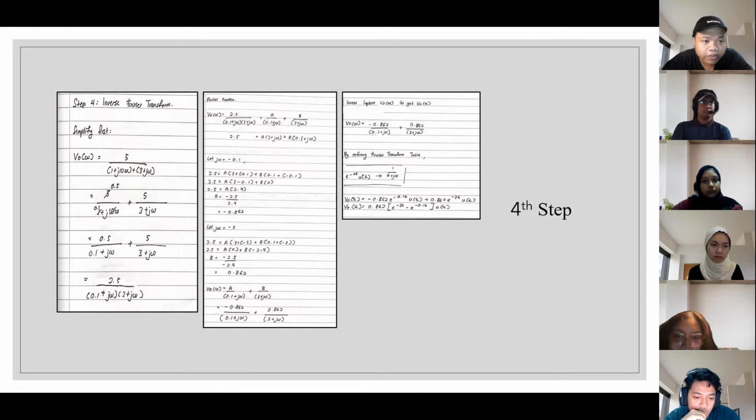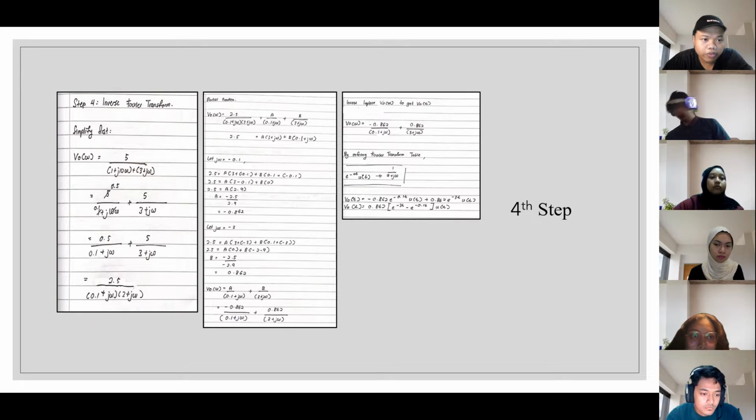First we get 5 over 1 plus j10 omega plus 5 over 3 plus j omega. We can cancel at the left. We get 0.5, and then at the bottom we get 0.1. We can cancel 10 too.